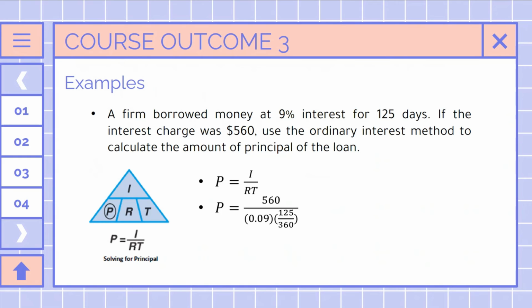As we substitute, 560 is the interest, 0.09 is our rate, and 125 over 360 is our time. As we calculate this, we will get $17,920. So the principal of the firm is $17,920.